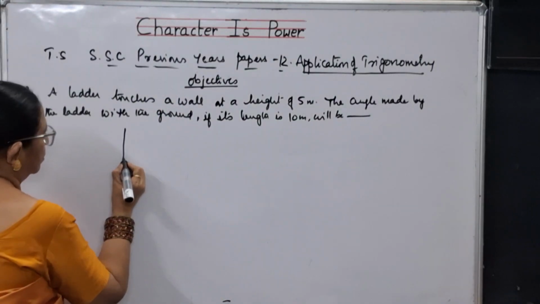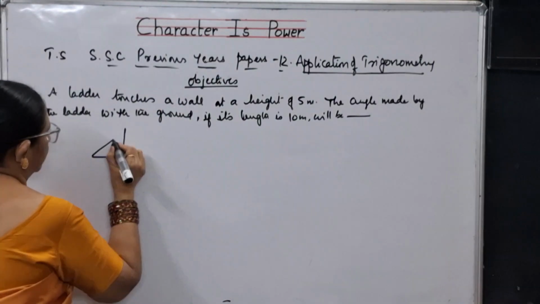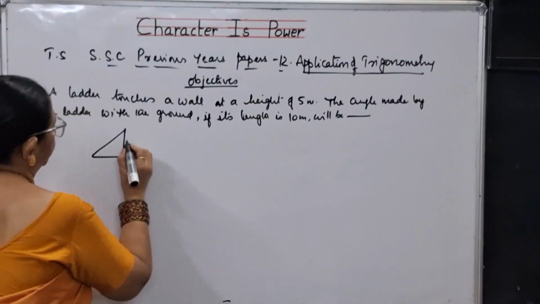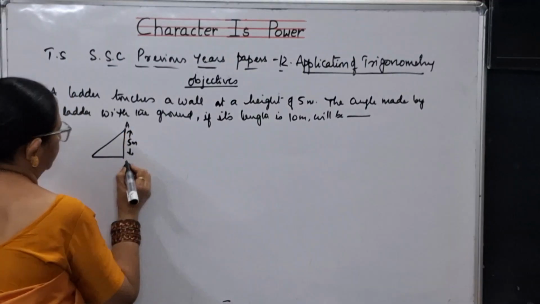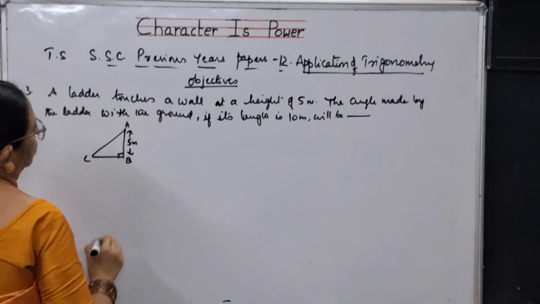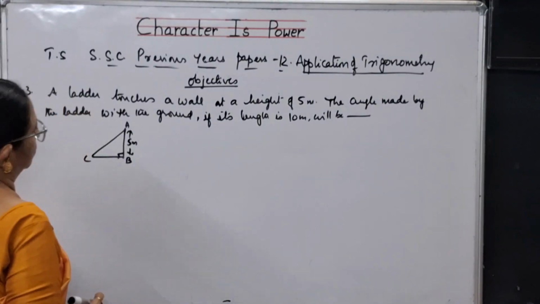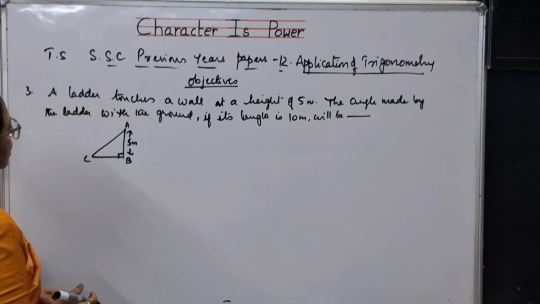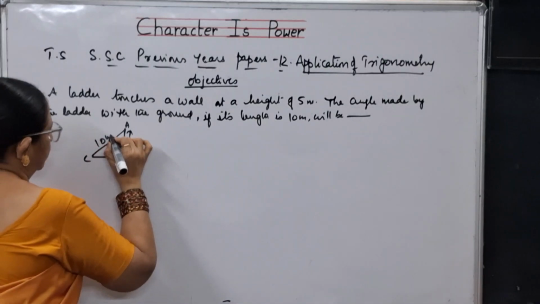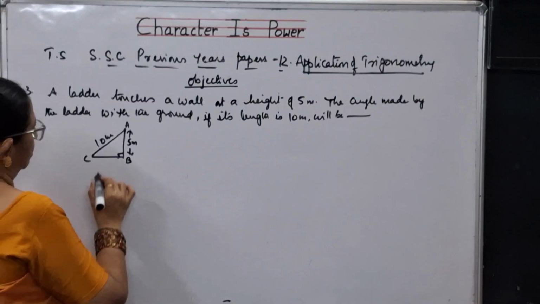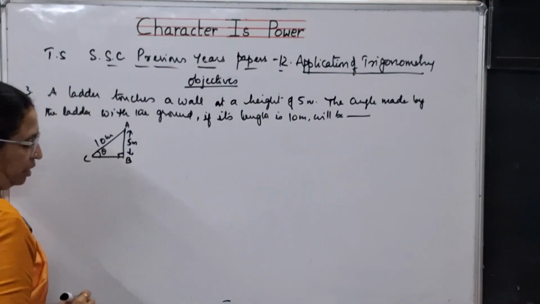A ladder touches a wall at a height of 5 meters. This is the height of 5 meters, and the angle made by the ladder with the ground, if its length is 10 meters. The ladder length is 10 meters. What is the angle made?